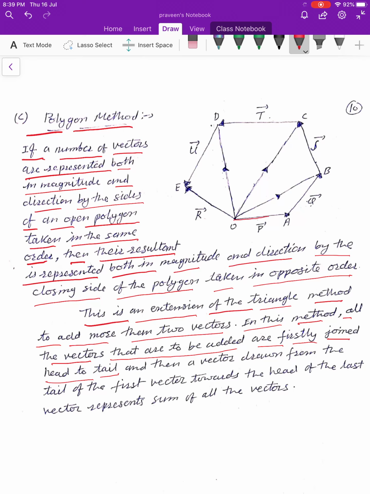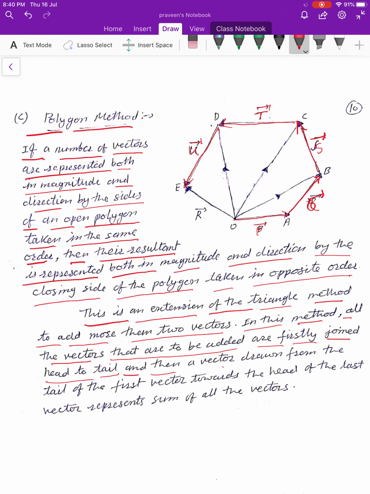Okay, first join head to tail: it is P vector, next Q vector, next S vector, next T vector, and U vector.